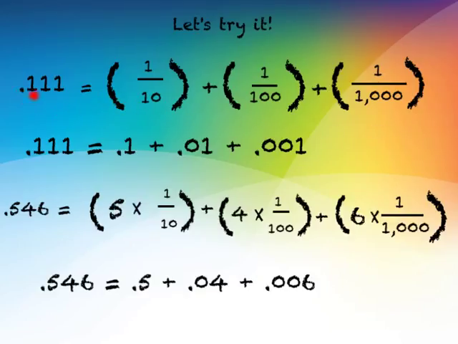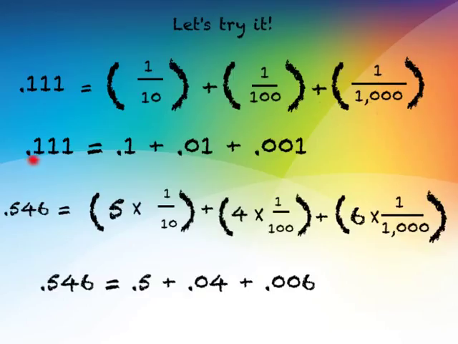We have the 0.1 or 1/10, plus 1/100th, and plus 1/1000th for this one here. So, 0.111 or 111 thousandths equals 1/10 plus 1/100th plus 1/1000th.